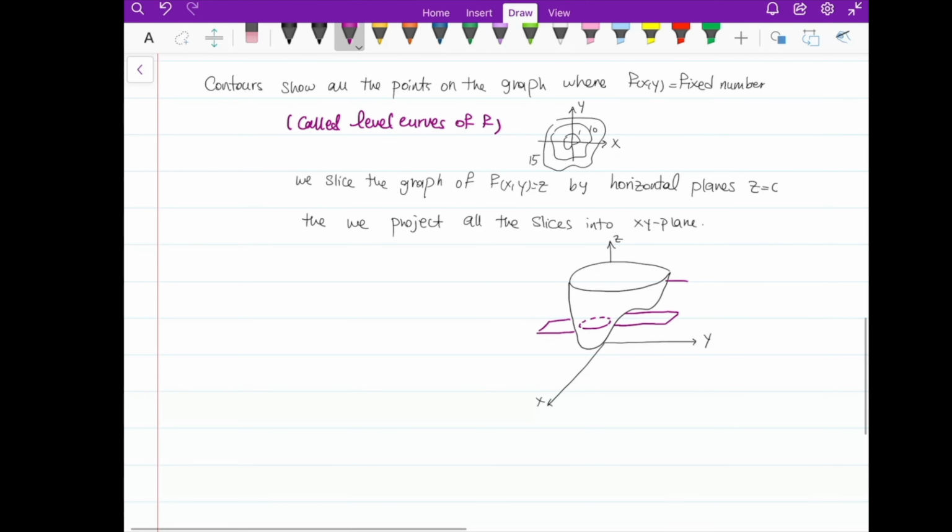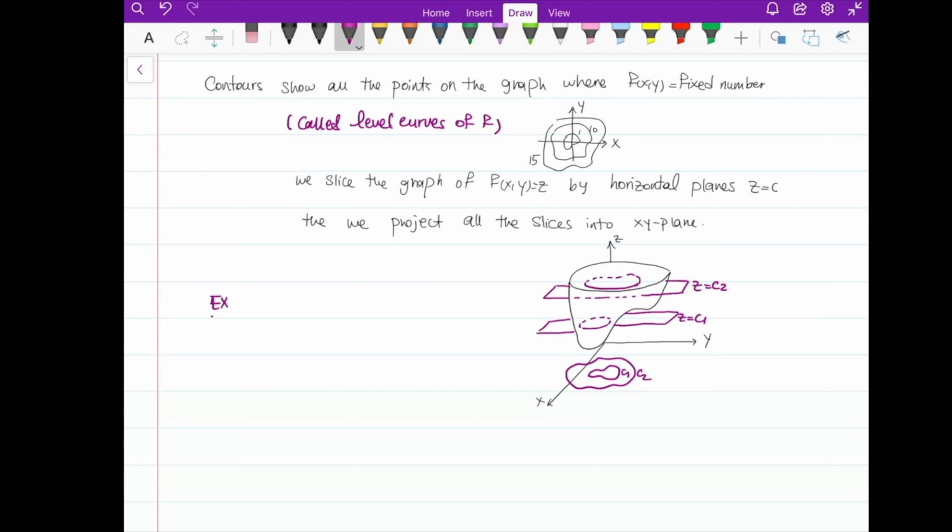We slice it with z equals some other numbers like this, and then we get, for example, this shape. And then these level curves, I'm going to project them down like this into the xy plane with some numbers. For example, this is z equals c1, this is z equals c2, and I'm going to write c1 and then c2 in here.